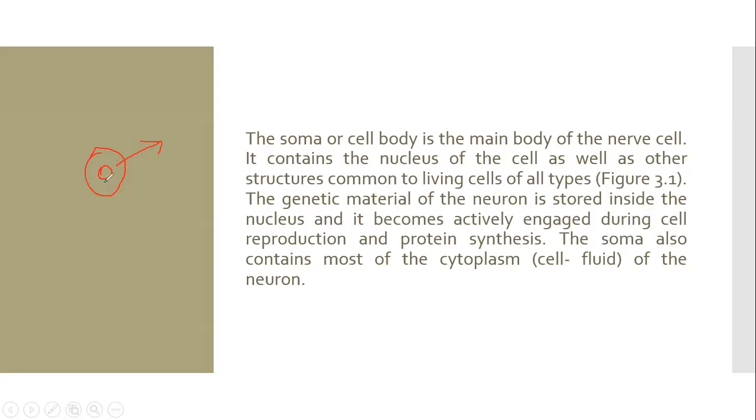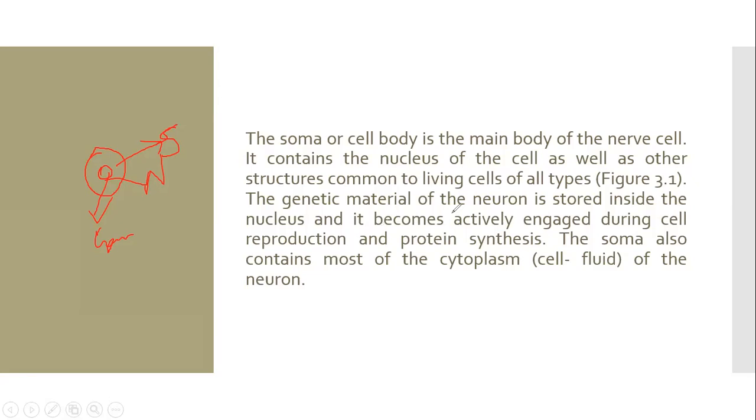This is called the soma and this is the nucleus. The genetic material of the neuron is stored inside the nucleus. How it has to perform, what is the requirement, what information it has to receive, which part of the nervous system it is.